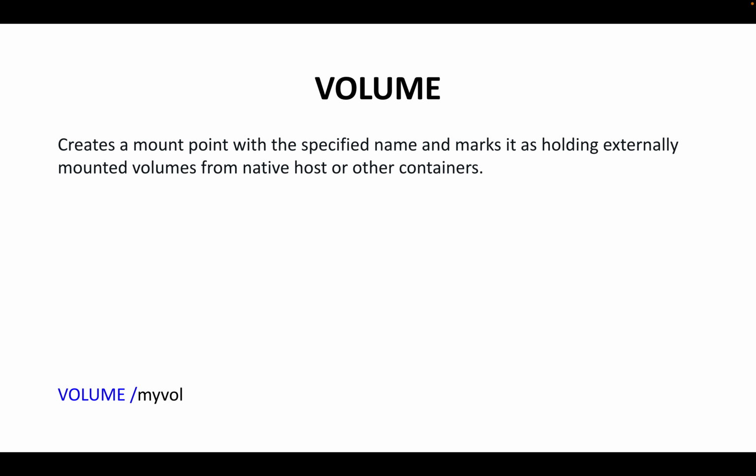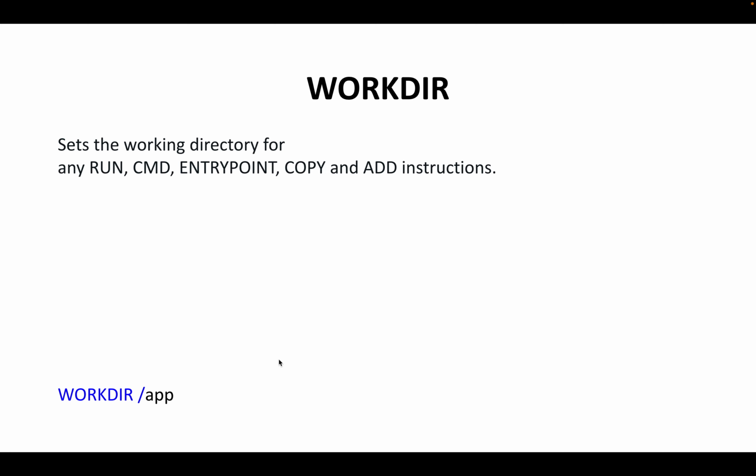In order to create this volume, you need to specify the mounting point, which is your host's directory, like this one in my example, /myvol. The WORKDIR instruction sets the working directory, which means the directory in which all the instructions will be performed.